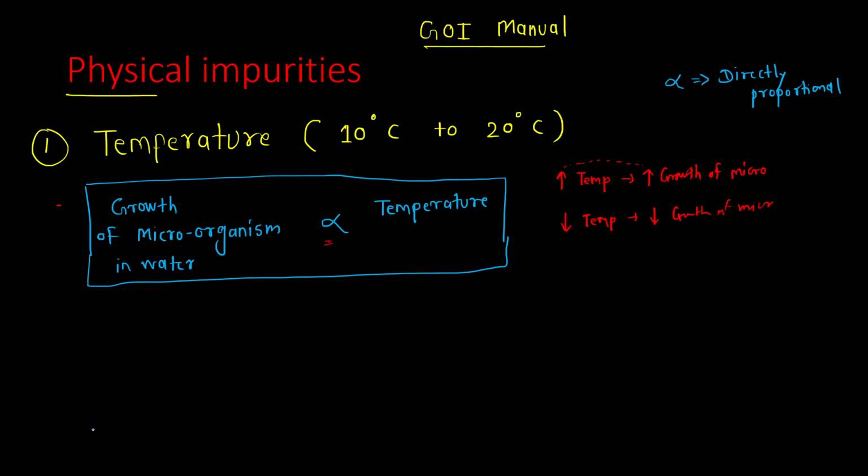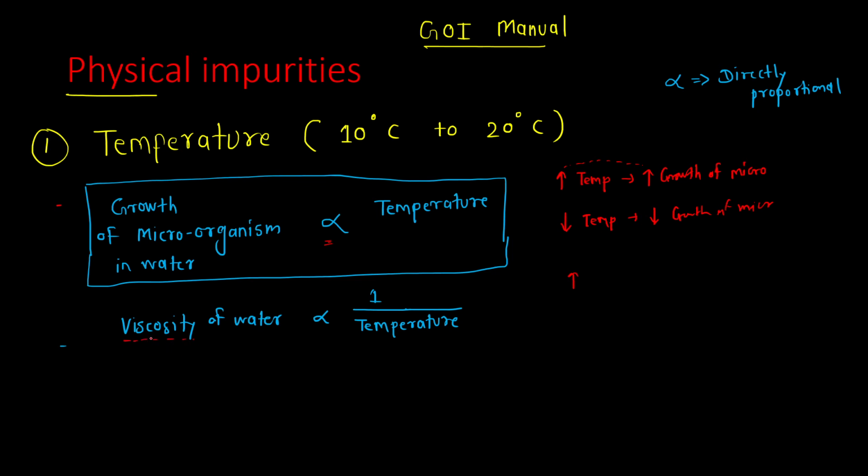Now one more we will see, and that is the viscosity of water. This viscosity of water is inversely proportional to temperature, or we can say directly proportional to 1 by temperature. What do you mean by viscosity or a viscous liquid?